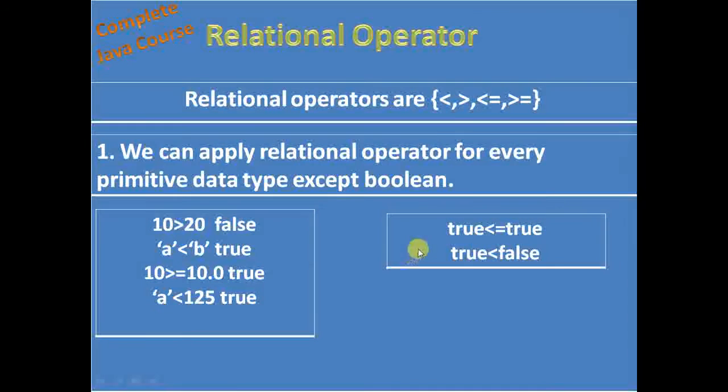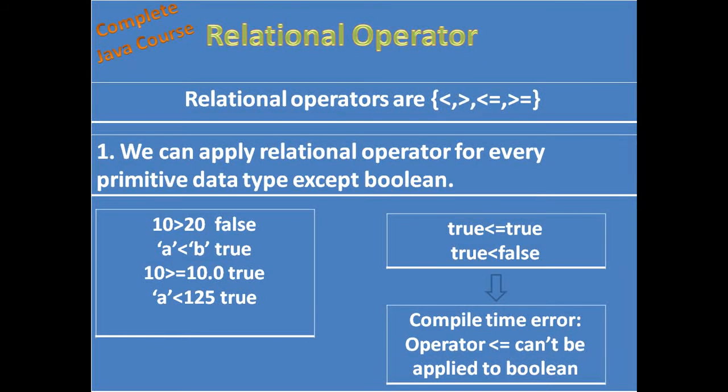But if you try true less than or equal to true, or true less than false, this is a boolean type. You are applying the relational operator on the boolean type, so you will get a compile time error: operator less than or equal to cannot be applied to boolean type. Let's understand with the practical.